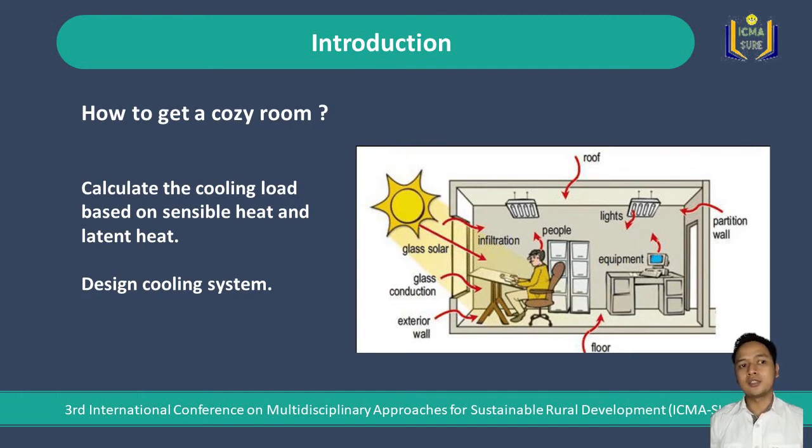The sensible heat comes from glass and wall, roof, floor, and ceiling, infiltration, and the human internal heat. On the other hand, latent heat consists of several parts, namely the latent load of people, infiltration, and space.